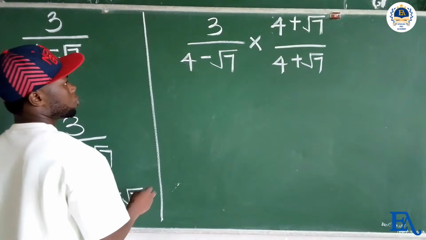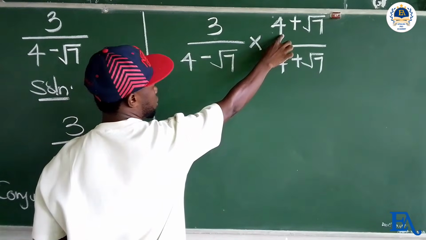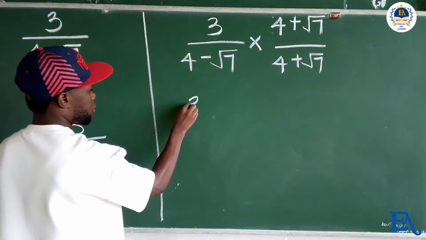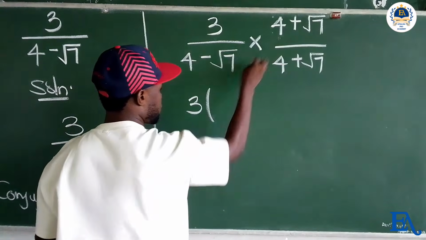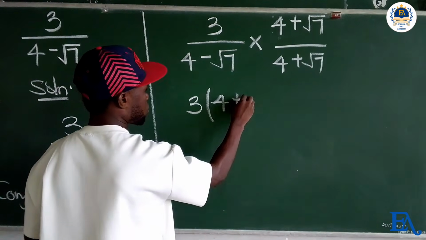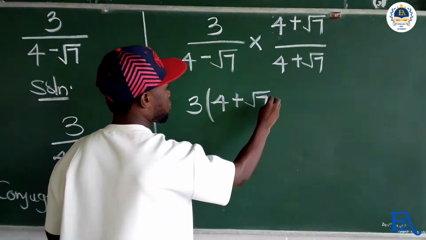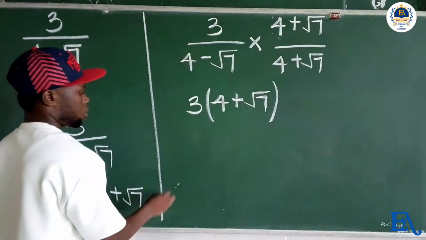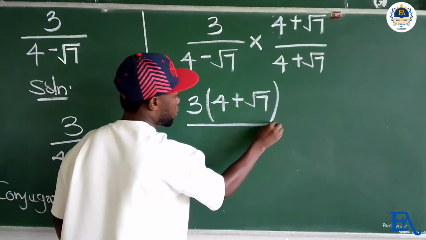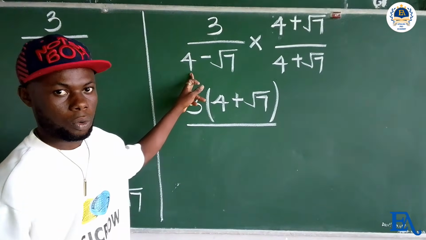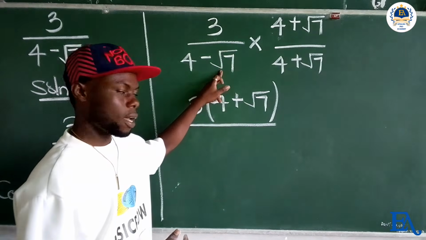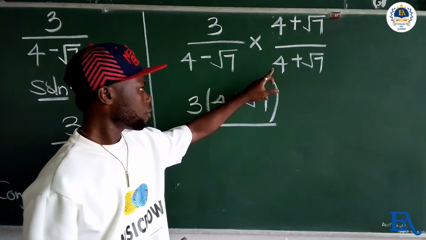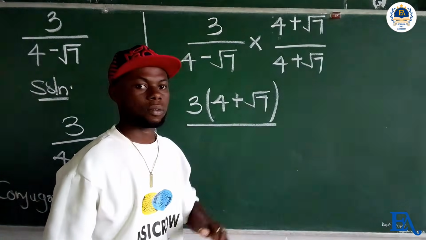Okay, let's continue. Multiplying this numerator by this, we have 3 times, let me open a bracket, 4 plus root 7. Then all divided by, the denominator was meant to be 4 minus root 7 times 4 plus root 7.